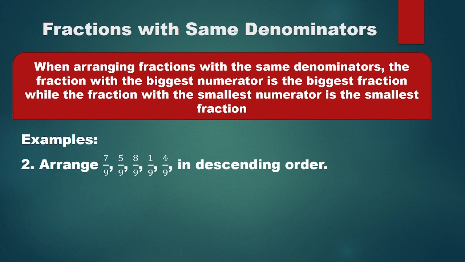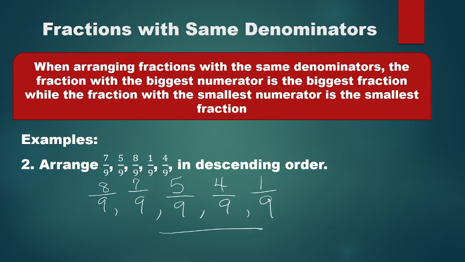In that case, our biggest fraction is 8 over 9, followed by 7 over 9, followed by 5 over 9, followed by 4 over 9, and lastly, we'll have 1 over 9. So I have simply arranged my fractions in descending order, that is from the biggest to the smallest.